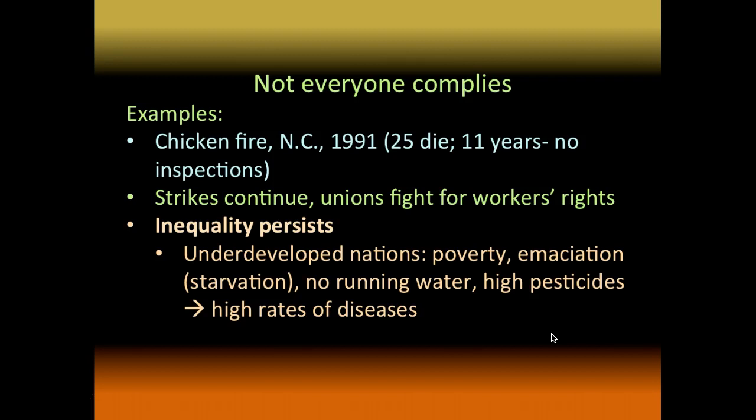So here's just one really harsh example of how not everyone complies with the rules. And of course they were shut down after this, but 25 Americans died in 1991 because owners of a chicken factory didn't want people to steal chicken. Holy chickens. And of course, inequality persists.